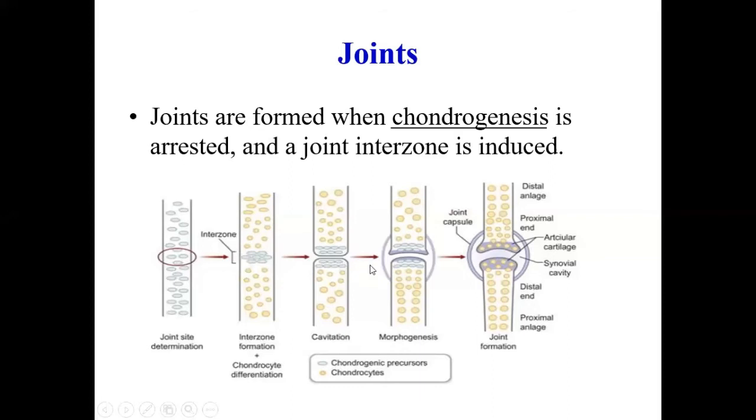There is a formation of the joint cavity, and the surrounding mesenchymal cells differentiate into articular cartilage, then menisci, ligaments, and the mesenchymal cells surrounding the joint cavity will give rise to the joint capsule. In this way, synovial joints are formed.